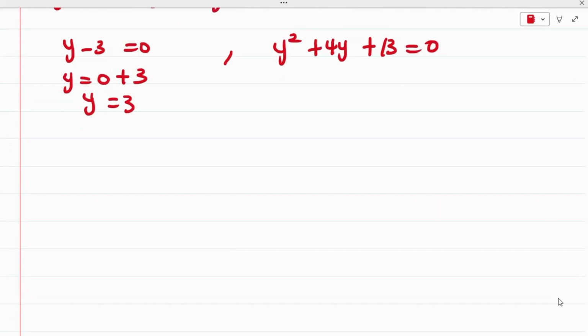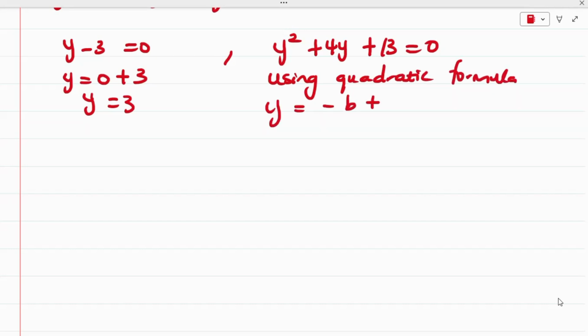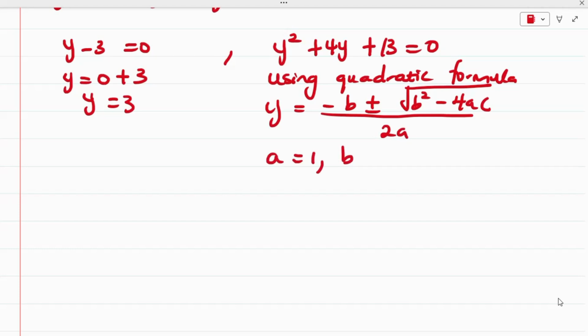For the quadratic, we want to simply solve using the quadratic formula, y = (-b ± √(b² - 4ac)) / 2a, and we have a = 1, b = 4, and c = 13.